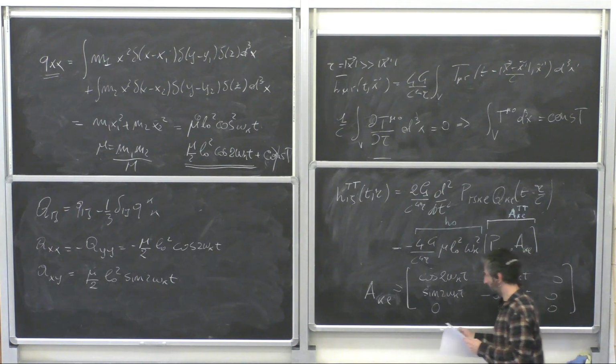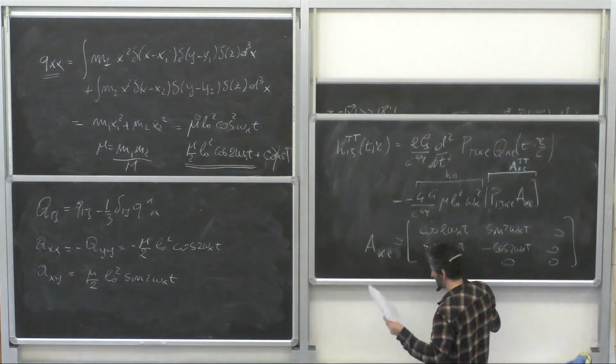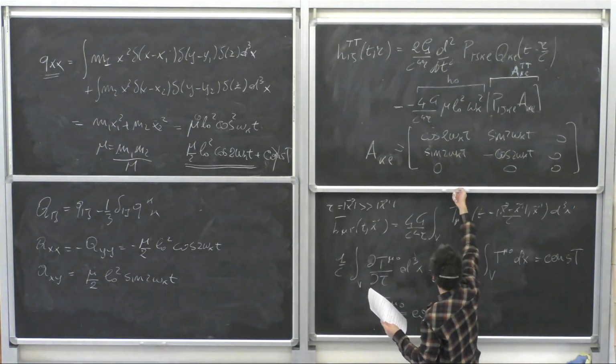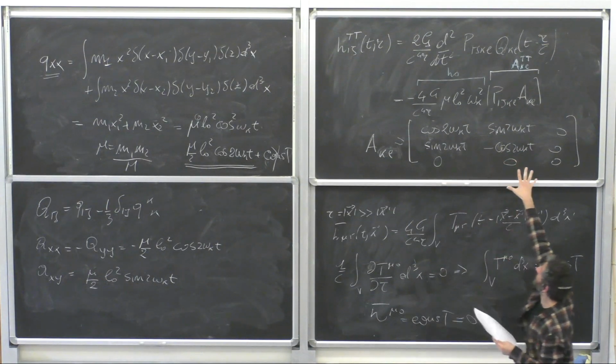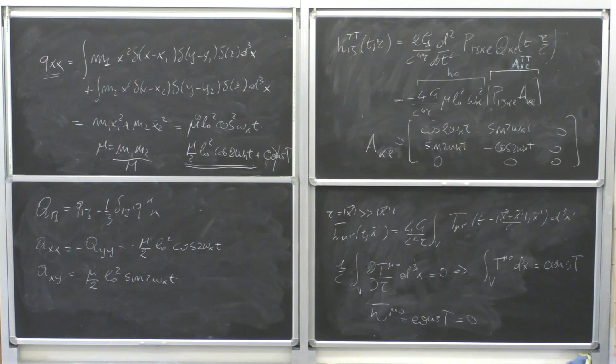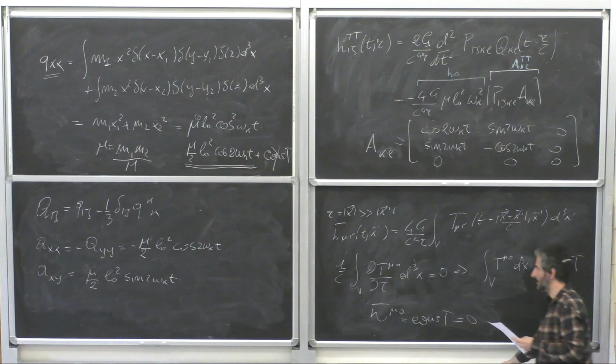Now, as I was discussing before, as your colleague was suggesting, this guy here in particular, A_KL^TT, depends on the particular orientation, in this specific physical case, of the orbital plane with respect to the line of sight. So where the detector is with respect to where the binary is.